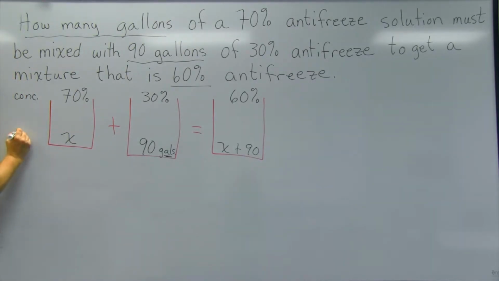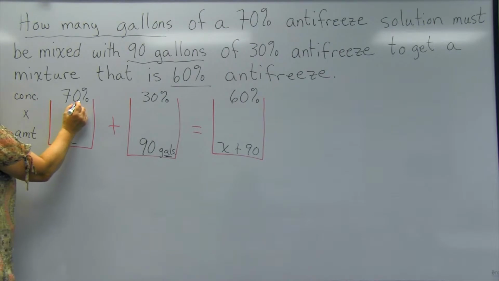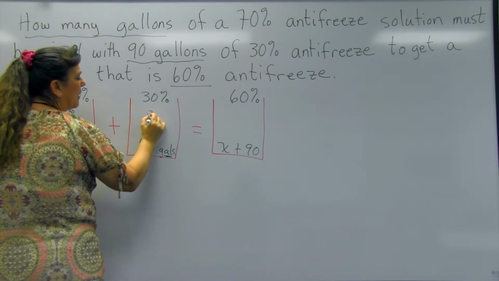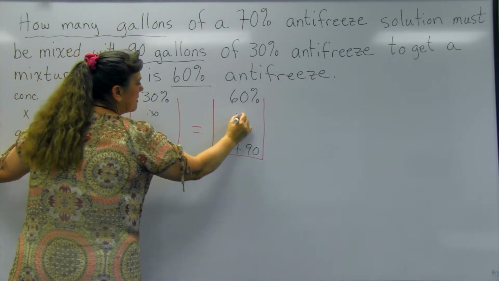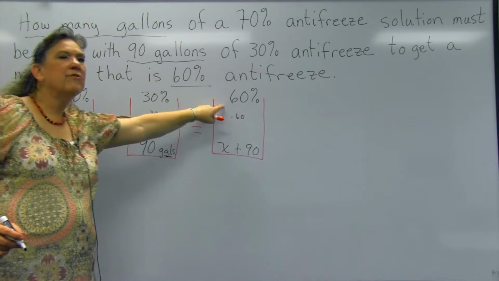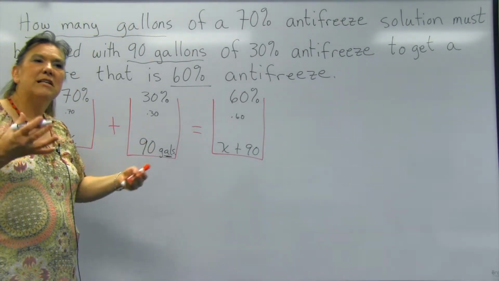And what do we do with that concentration and the amount? Well, you're going to multiply those two together for each bucket. So normally we would change these percentages into decimals. Remembering to change it to a decimal, you drop your percent off and move it 2 places. So that would be 0.70. This one would be 0.30. This would be 0.60. But you know what? Because they're all the same, every one of them is a percent, we don't actually have to do that because they're the same unit.